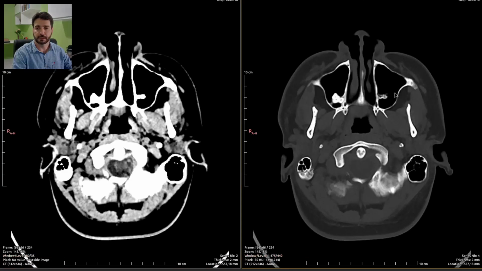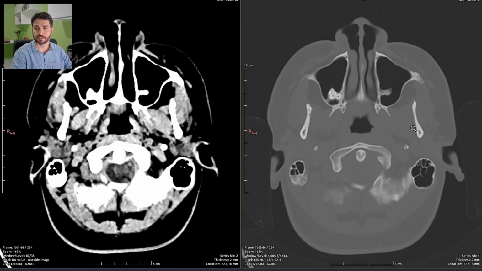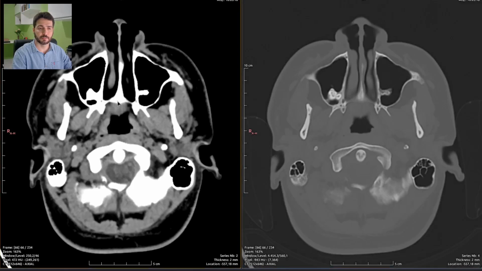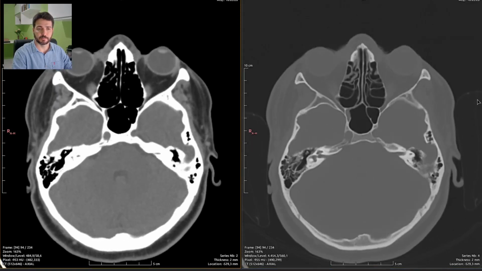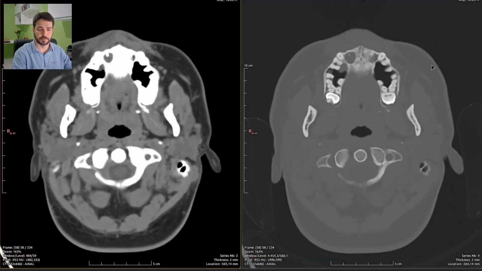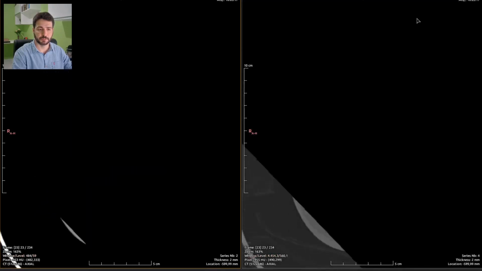And I guess you can see what I see, just checking. And this is a bone window. I'm just going to first of all check for soft tissue lesions.